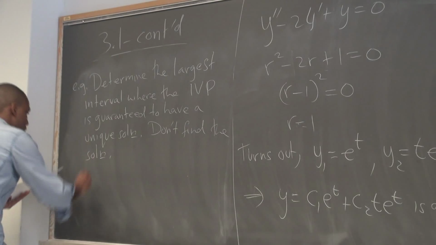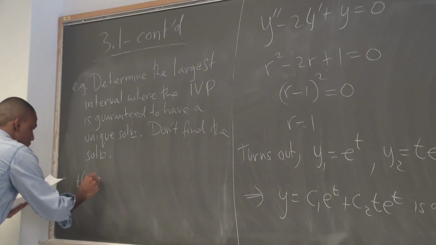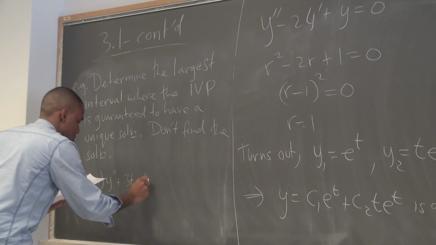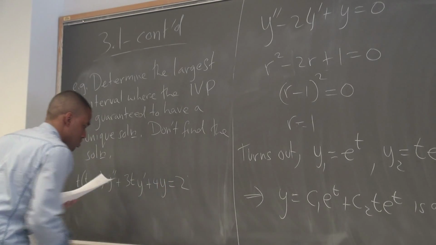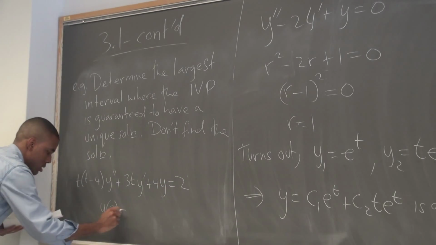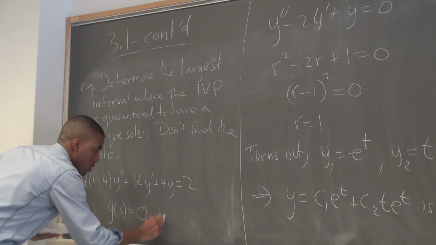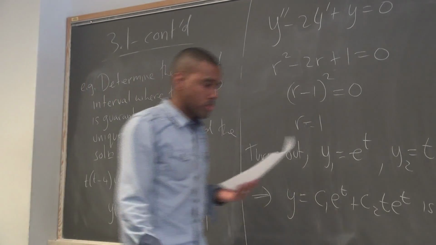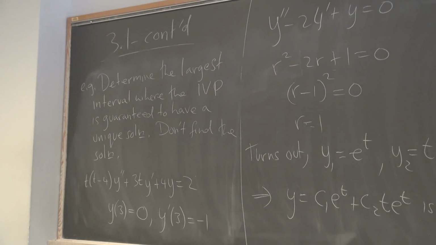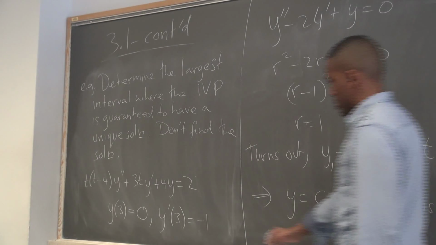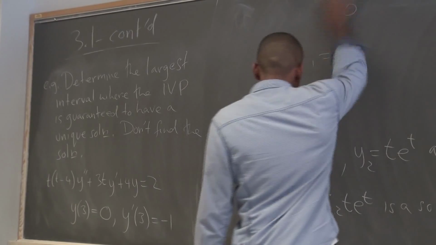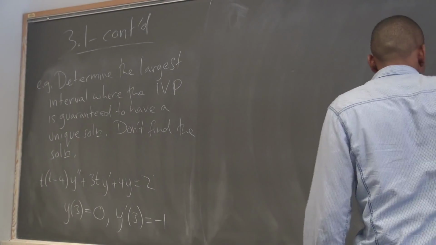So this is the function t times (t minus 4) y double prime plus 3t y prime plus 4y equals 2. I'm given that y of 3 is equal to 0, y prime at 3 is equal to minus 1. Tell me where I would be able to find a solution that's unique and guaranteed to do so.